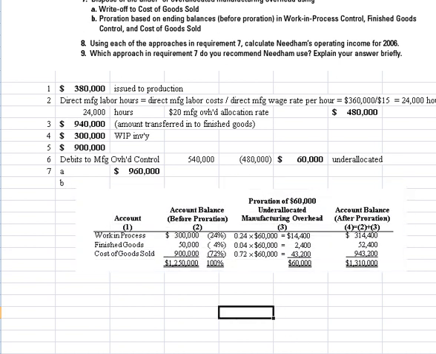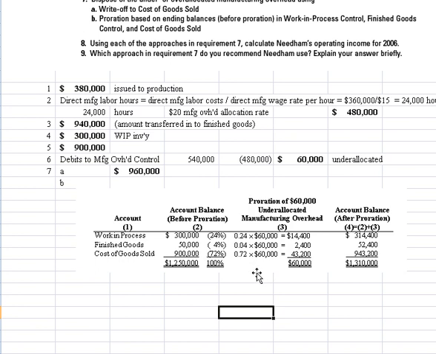What we would do is start off with the name of the accounts. We would enter in the account balance before the proration, and it's 300,000, 50, and 900,000. Figure out the percentage of each of those general ledger accounts, and then prorate the allocation based on those percentages.